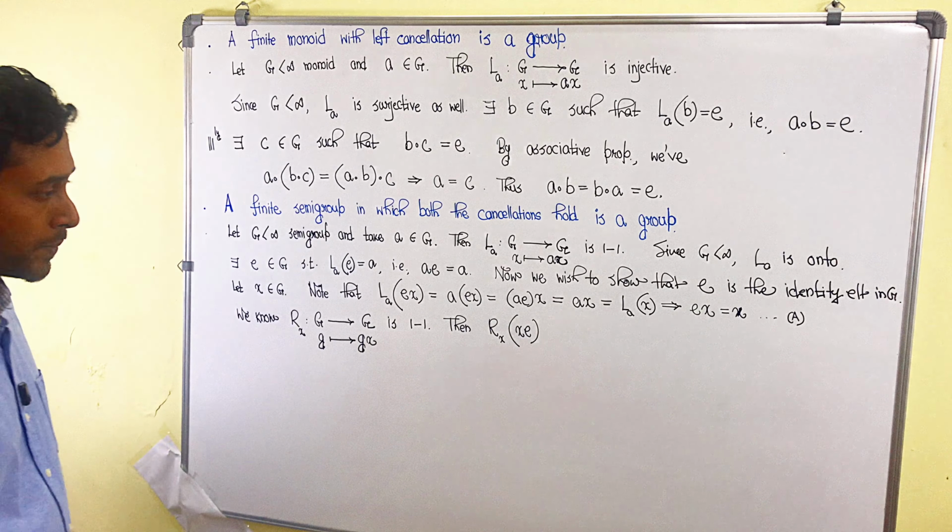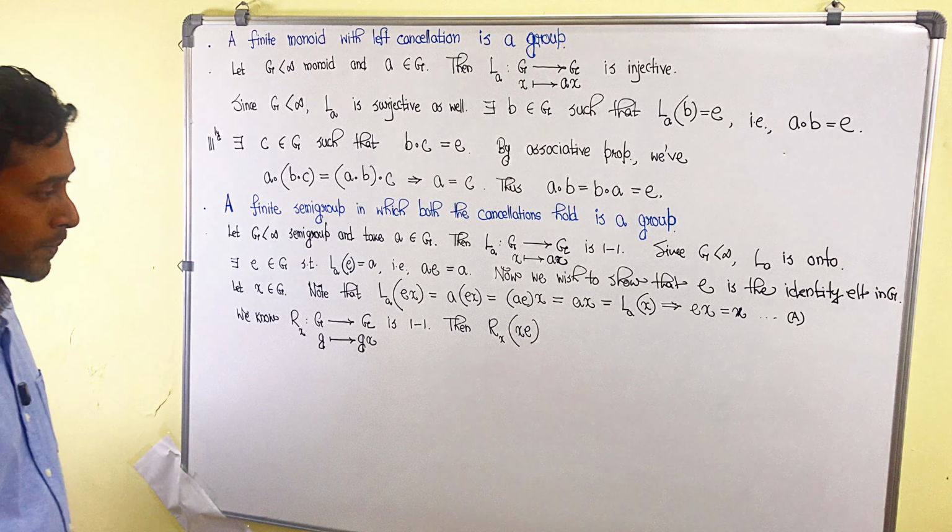But this ex is the same as x, so it is x times x, which means this is R_x on x. So R_x of xe equals R_x of x. Since R_x is injective, that would imply xe equals x.